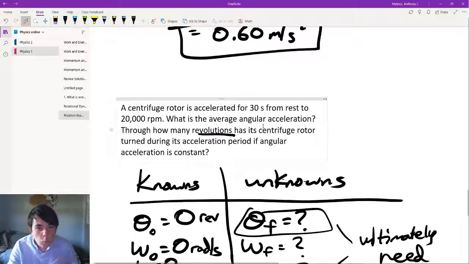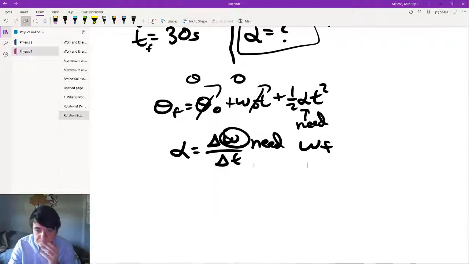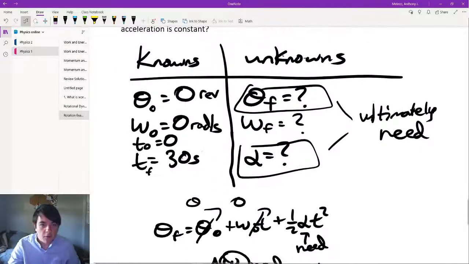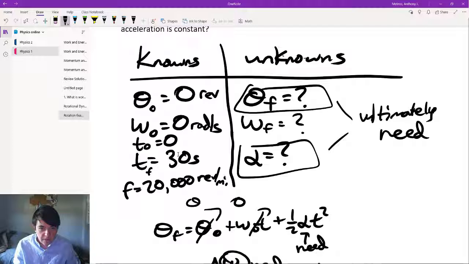We're not given omega final, but we are given that omega equals 2 pi times the frequency. I should have written this down, but we're actually given a frequency in this problem: 20,000 rev per minute. That's what RPM means, revolutions per minute.